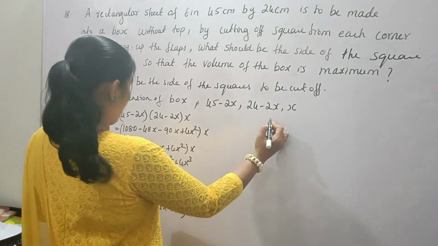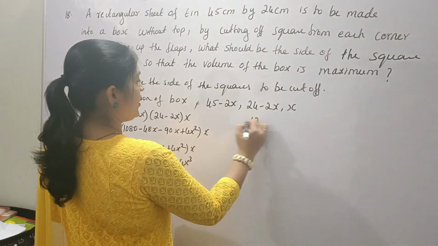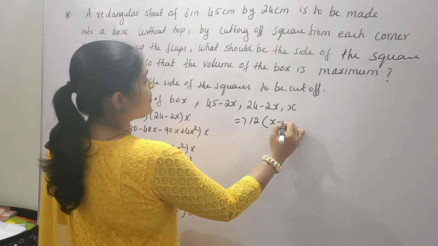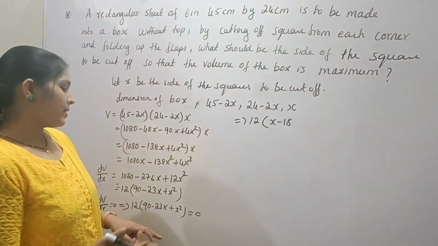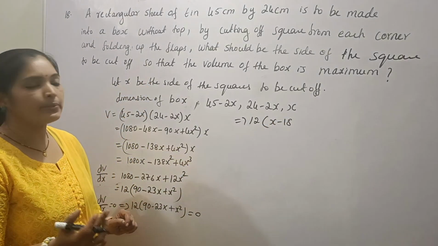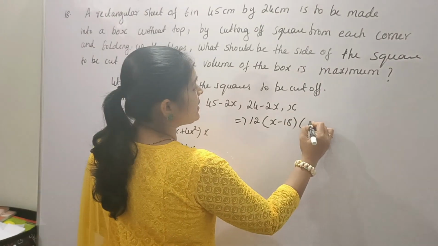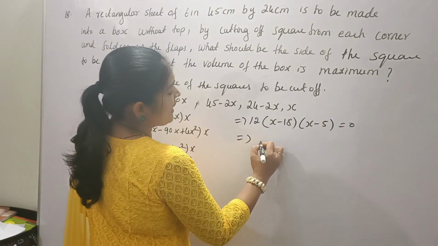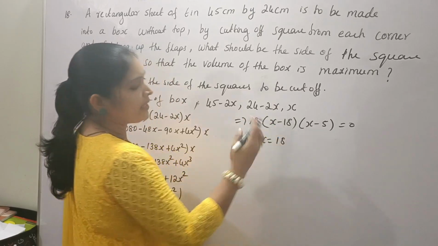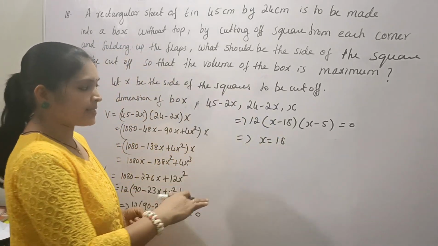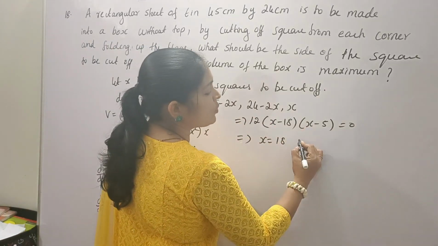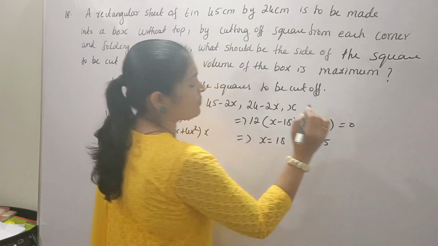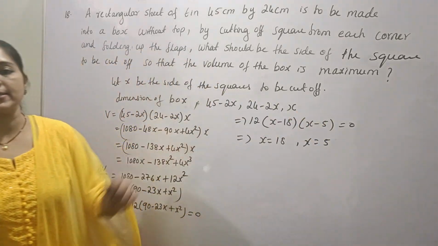That is 12 into x minus 18, minus 18 minus 5. x minus 18 into x minus 5 is equal to 0. x minus 18 is equal to 0 implies x is equal to 18. x minus 5 is equal to 0 implies x is equal to 5. So we have got x is equal to 18 and x is equal to 5.